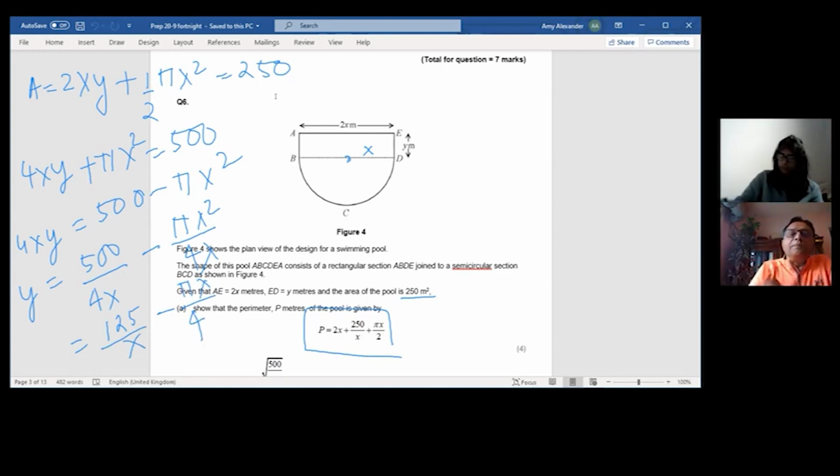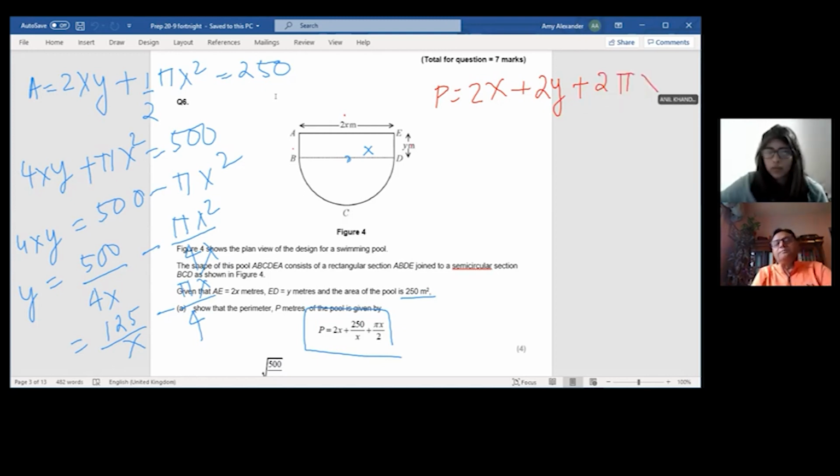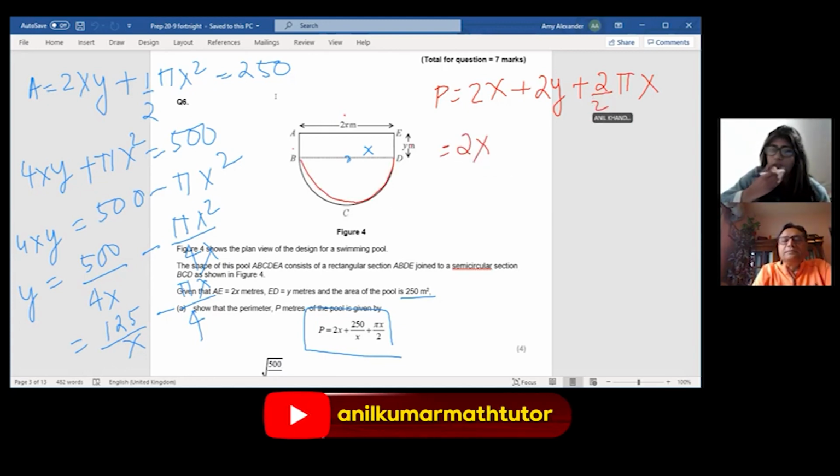Perimeter is how much? This length of perimeter is equal to 2x, this length, plus 2 times y, plus the curved part. That is what you get. So the circumference is pi d, and half of this is half of pi d, so pi x.